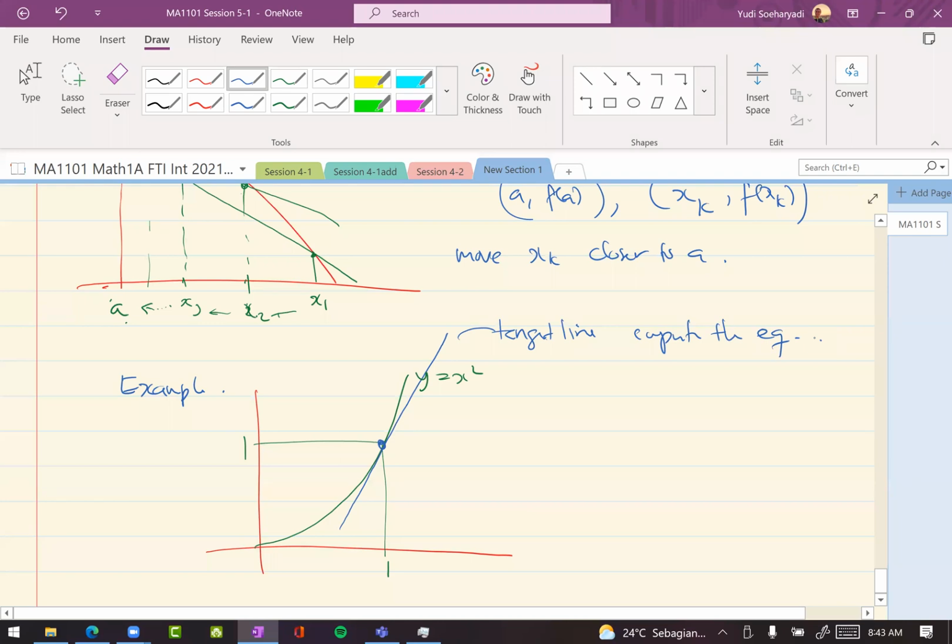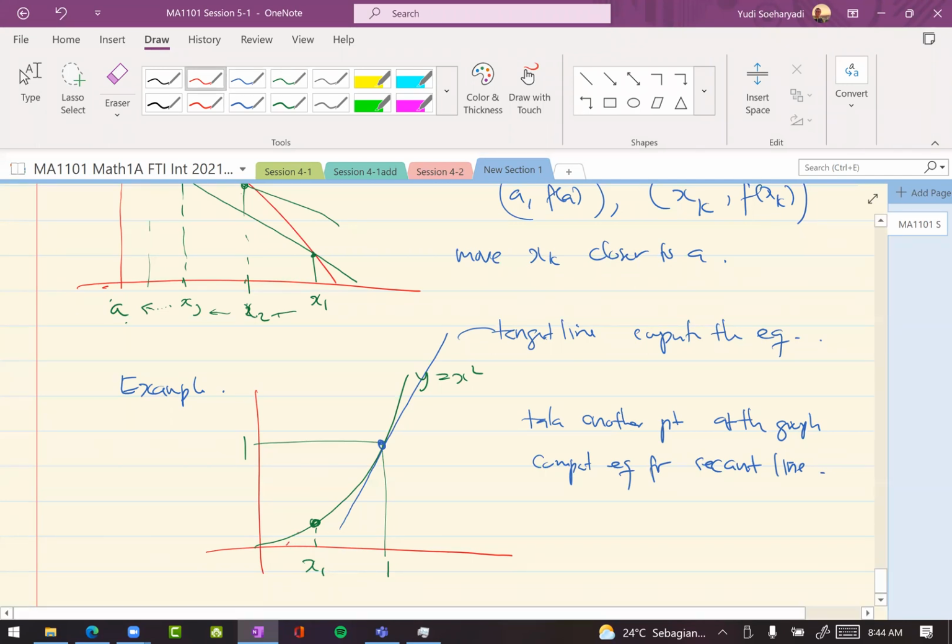So what we do here is take another point on the graph, say this one. To the left or to the right doesn't matter. And then compute the equations for the secant line.